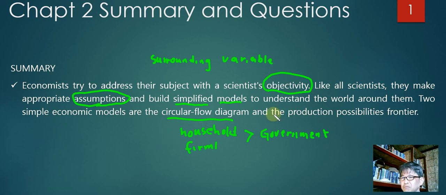And then the production possibility frontier, the possibility which production can reach, right? This one was a frontier. The frontier is the contact point between the inner and outer sides of this curve.